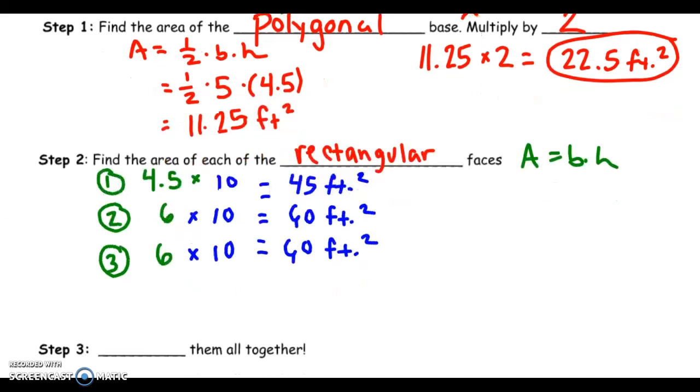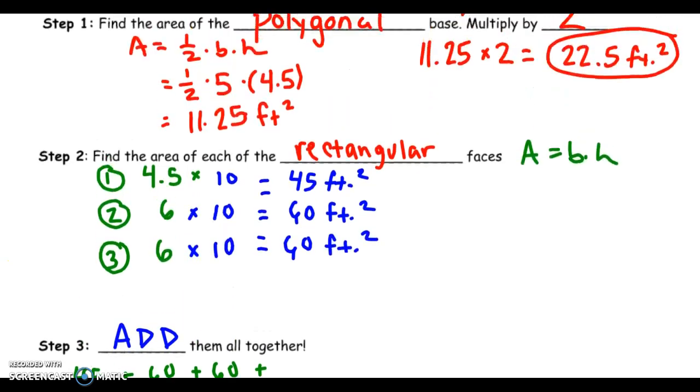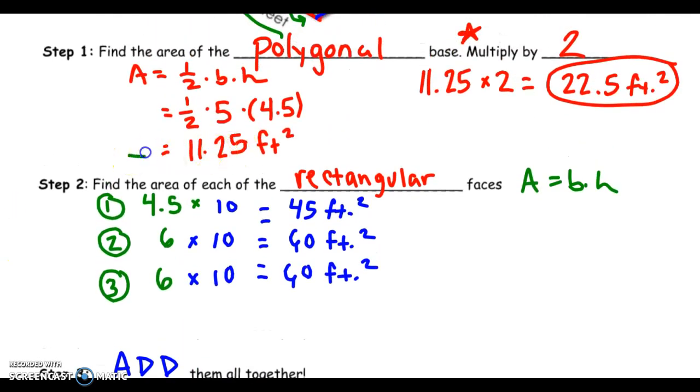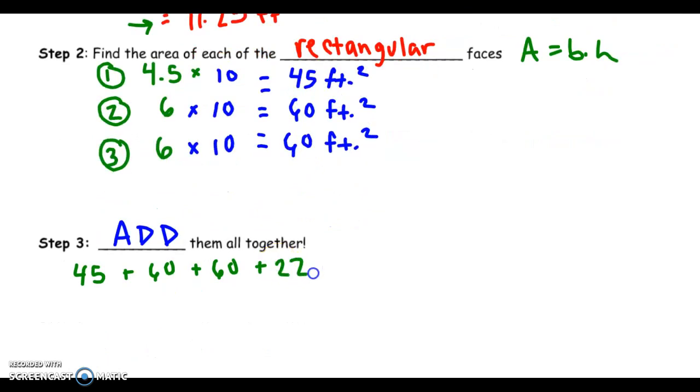So now we have all of the faces, and our last step, as we were doing with rectangles, is to add them all together. We have our 3 rectangular faces, which are 45 feet plus 60 feet squared plus 60 feet squared. And then we found that the area of our polygonal base was 11.25. You can either add that twice, or of course we already multiplied that by 2, so we can just add that 22.5 to account for both of those faces as well.